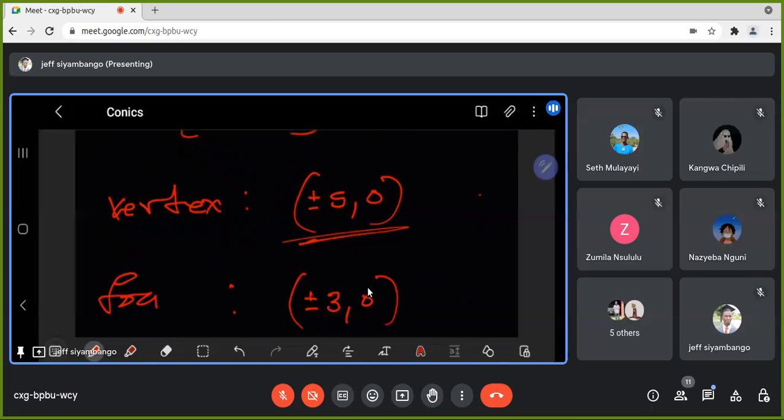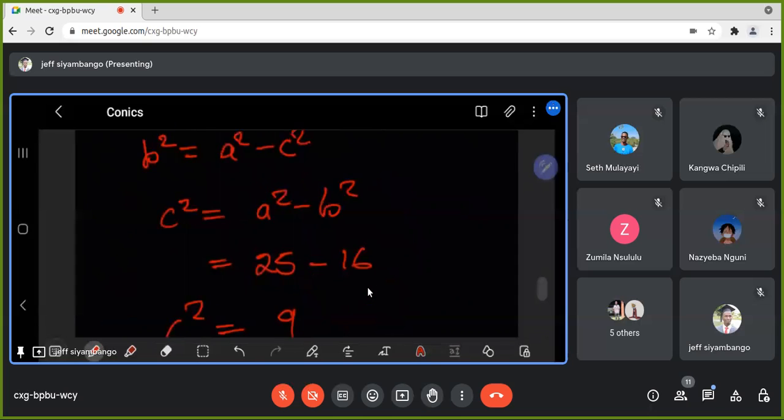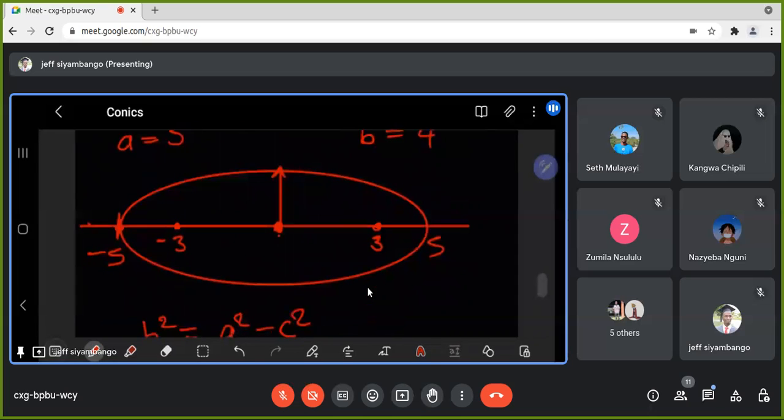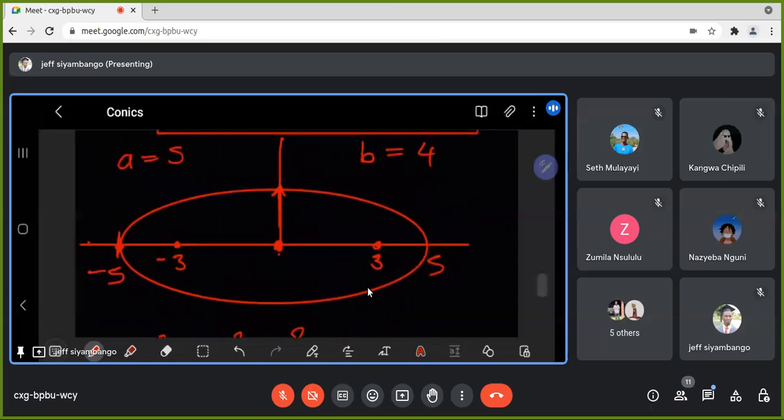The next thing that they wanted us to do was to sketch. Guess what? This is our sketch. If we have to, we can also show the y-axis. Okay, that completes our sketch.